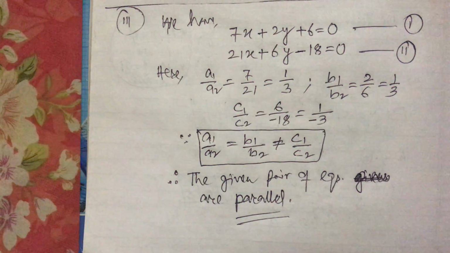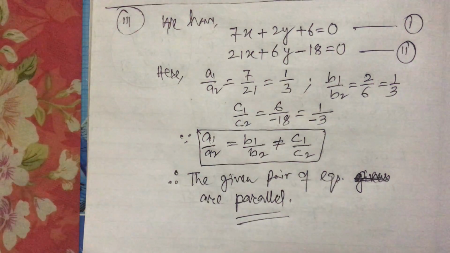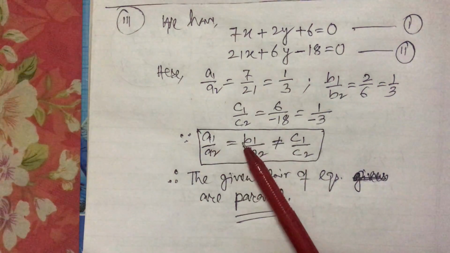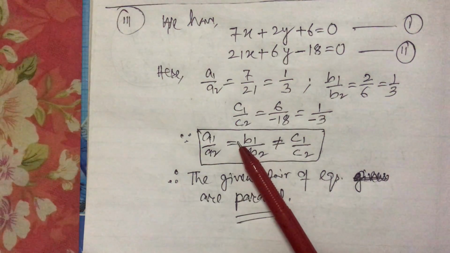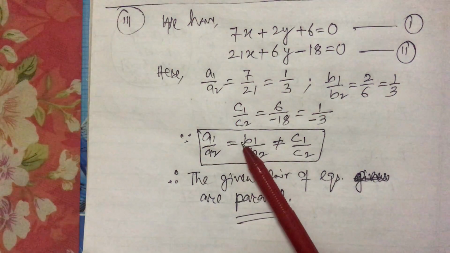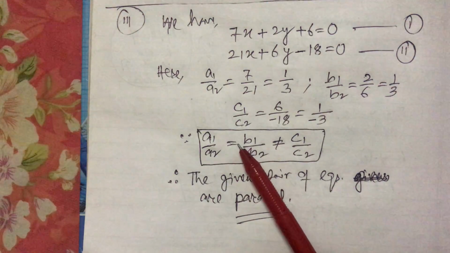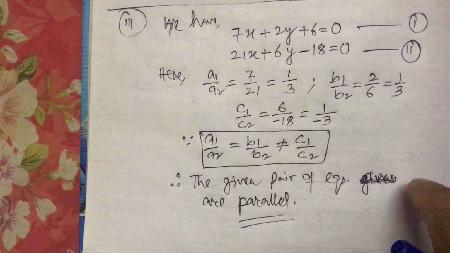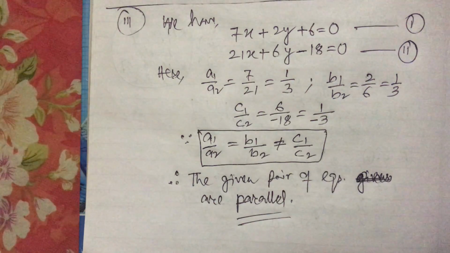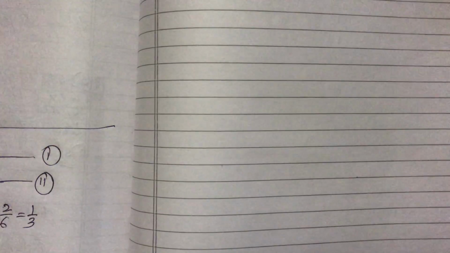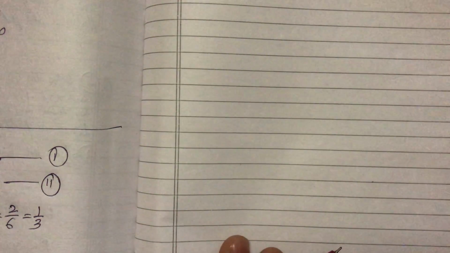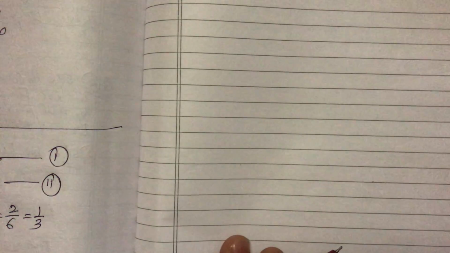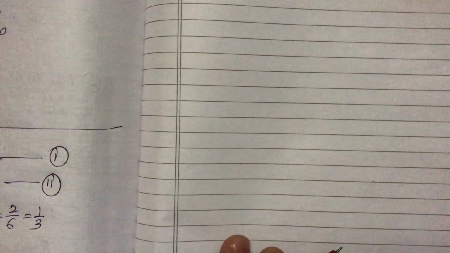Once you know how to use the condition, this is how we learn here. So this will help you to solve pair of linear equations by algebraic method. Okay, so this is what we did today, the condition of solving pair of linear equation. So now I'm sure you're familiar with the condition, how to apply the condition. So this condition will help you to find out the solution algebraically.